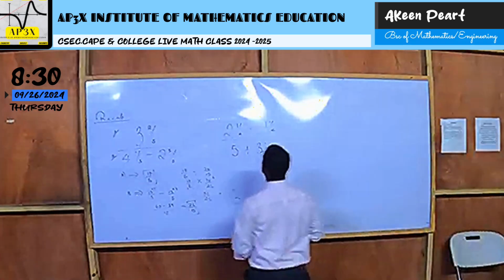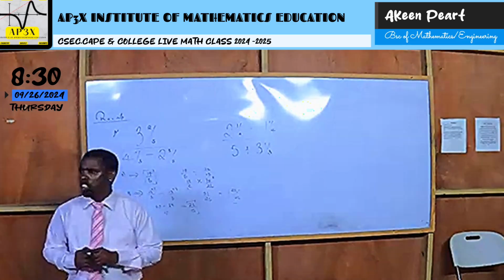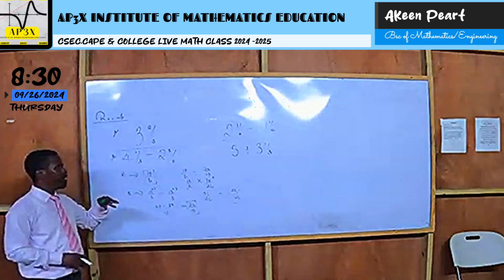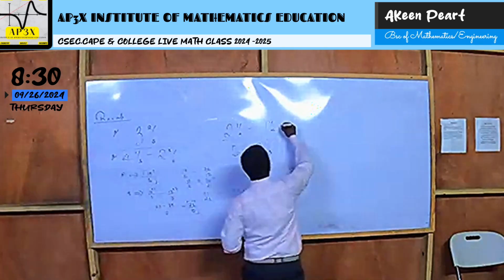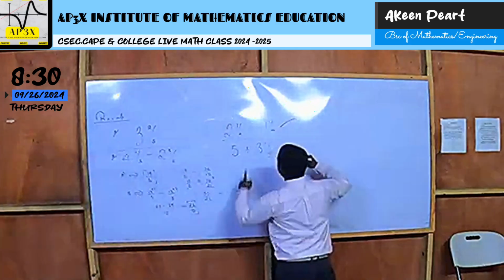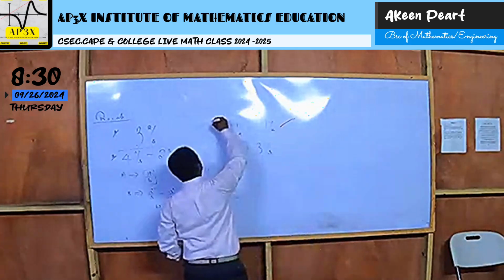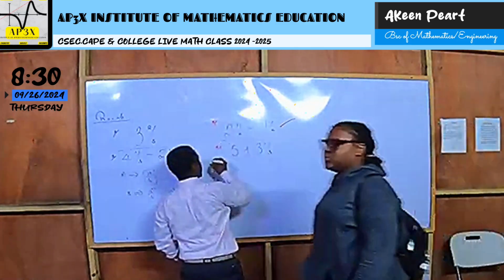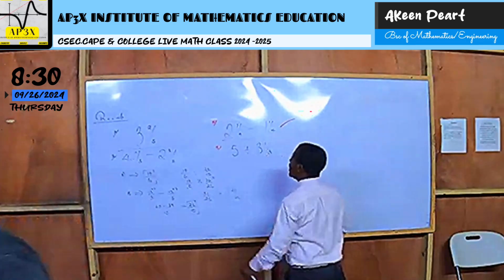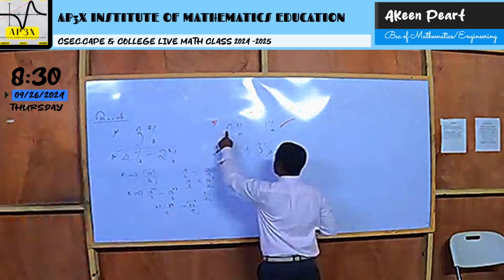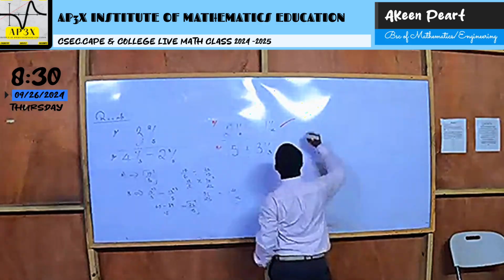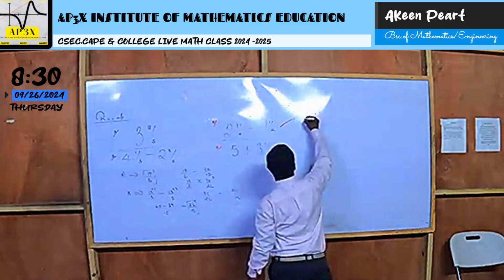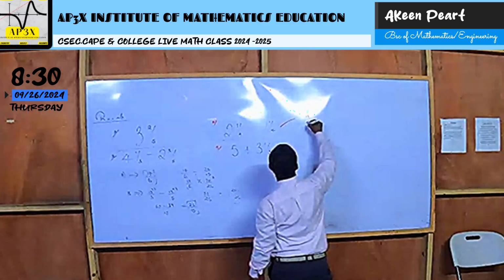Next one now. We have something to work out at the top, and we have something to work out at the bottom. So we proceed, calling them A and B. So we have 9 times 2 is 18, 18 plus 1 is 19 over 9.